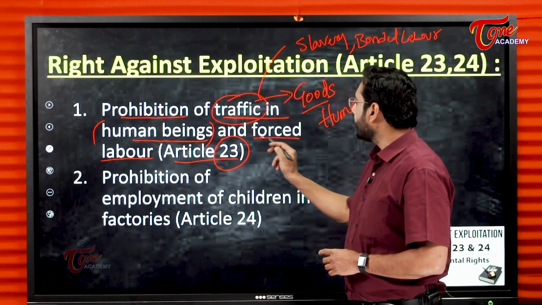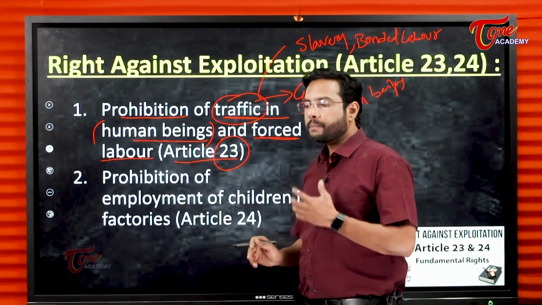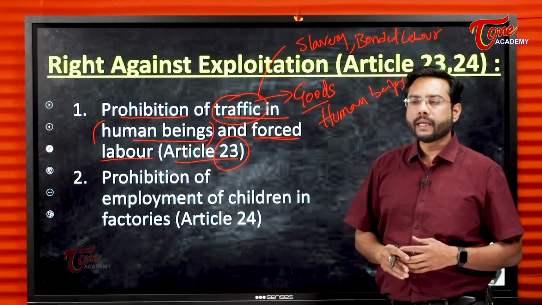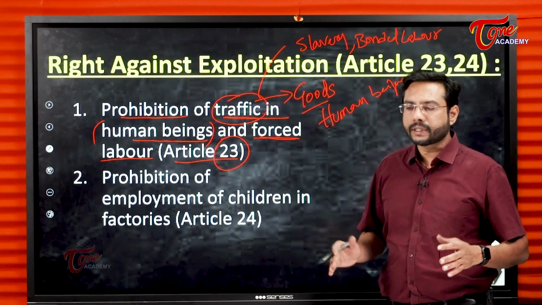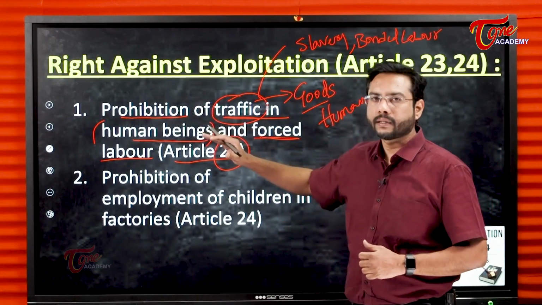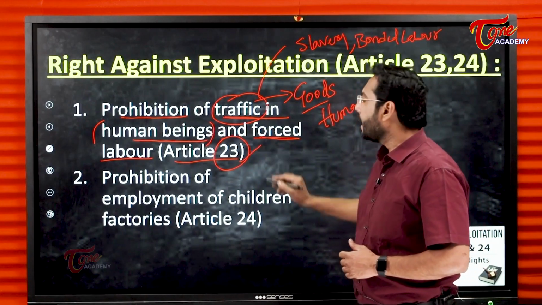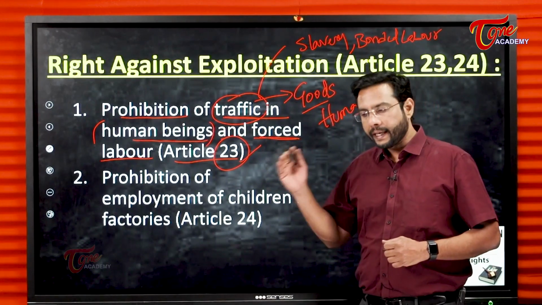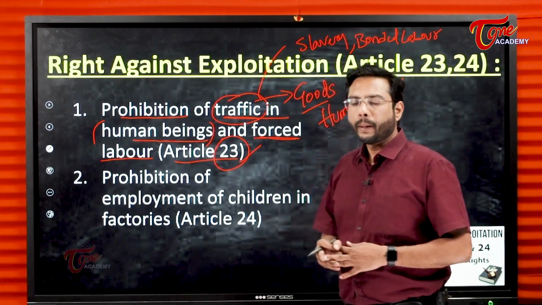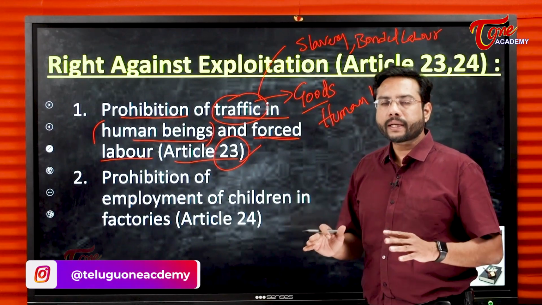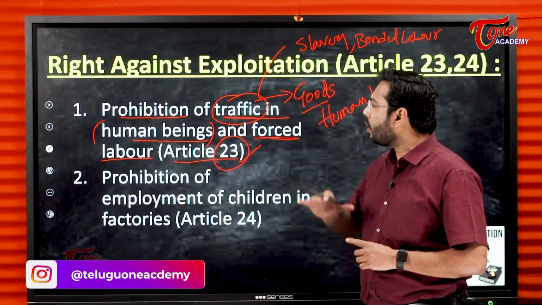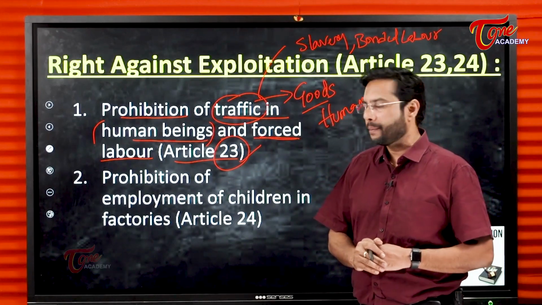Forced labor is where, without the will, that person is made to work. It could be anything which is against his interest. That is prohibited by the State by Article 23. If anyone, meaning the State, a company, a private person, anyone makes a person work against his will, he will be punished. So we have prohibited all such kinds of forced labor.